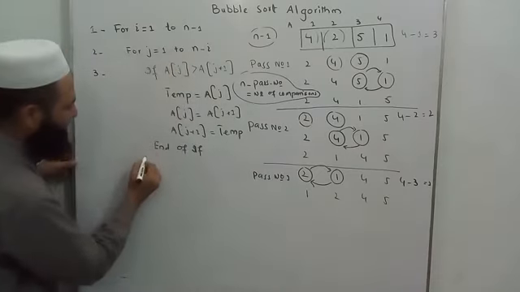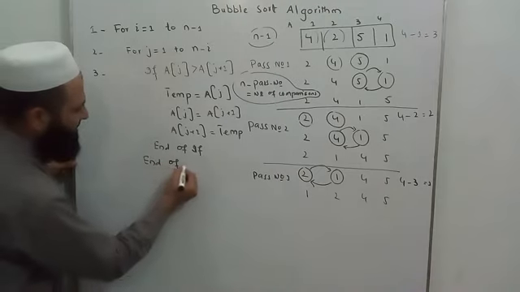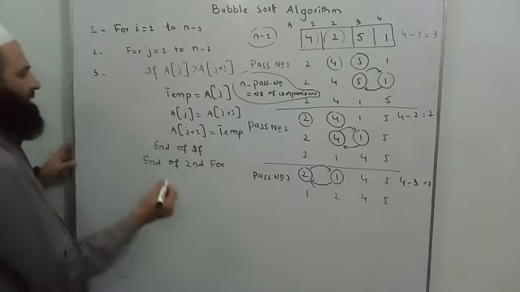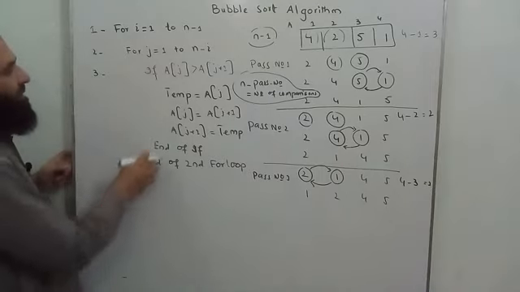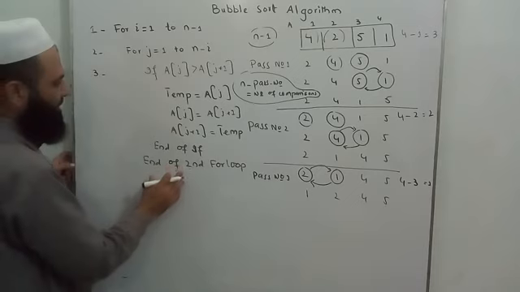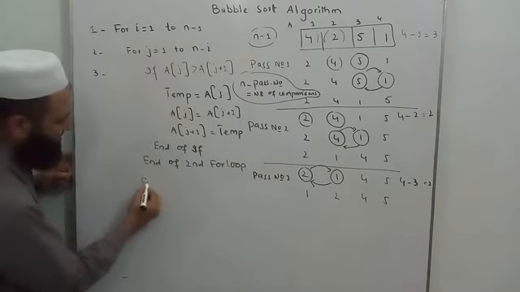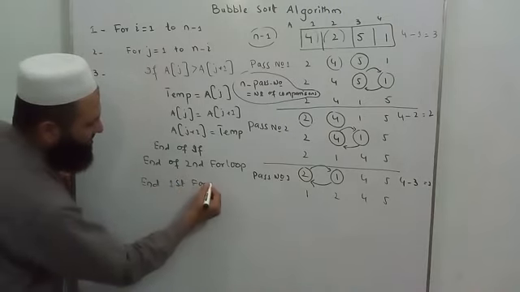So we should end the second for loop here. And after doing all the comparisons, our algorithm should go to the next pass. So we should end the first for loop.